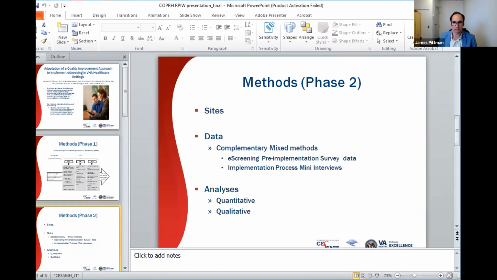For data in this mixed method study, we used qualitative and quantitative data to answer different but related questions. The quantitative survey was a 29-item survey that we developed using CIFAR constructs for the most part. And the items were scored on a Likert scale. When doing the data analysis, we essentially captured the percent of respondents who endorsed each category for each of the sites.